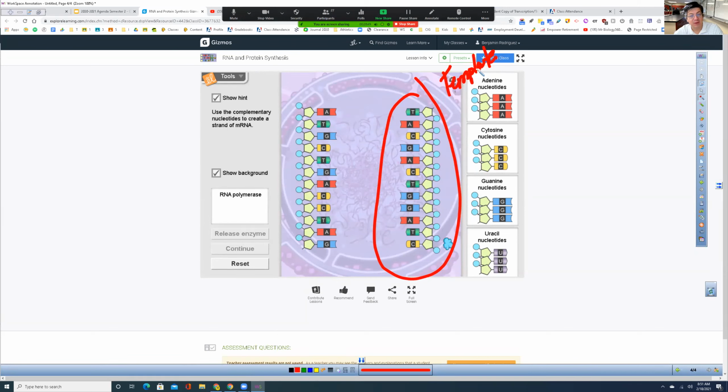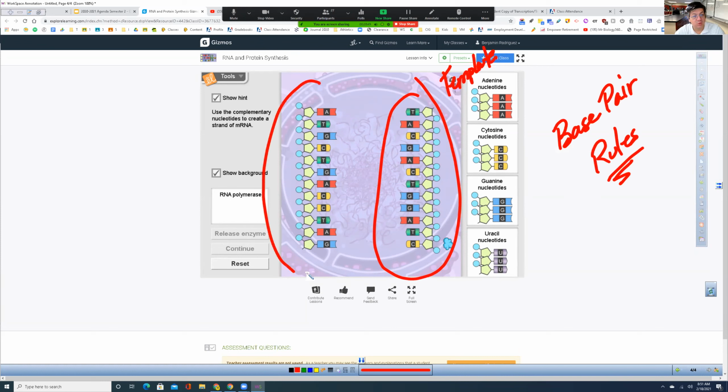Using our base pair rules, we're going to be able to make a copy of this one. So we're going to make a copy of this one by using this as our template, as the thing that we're copying.